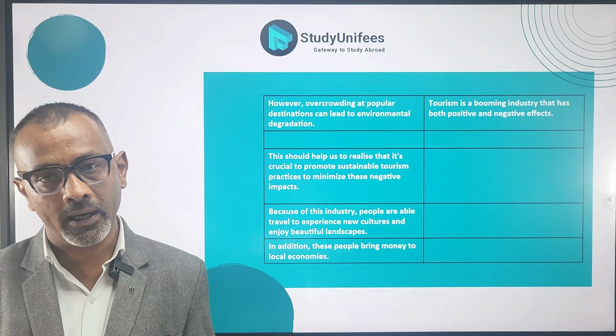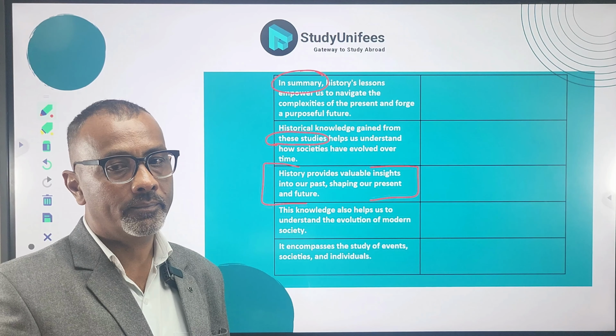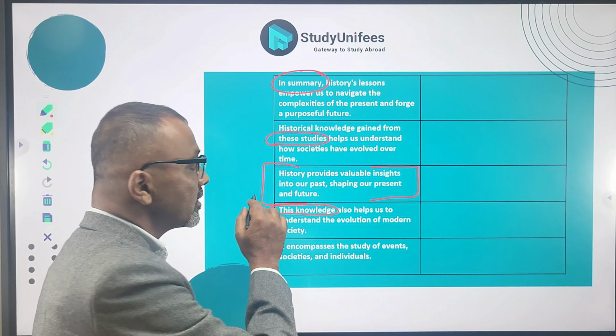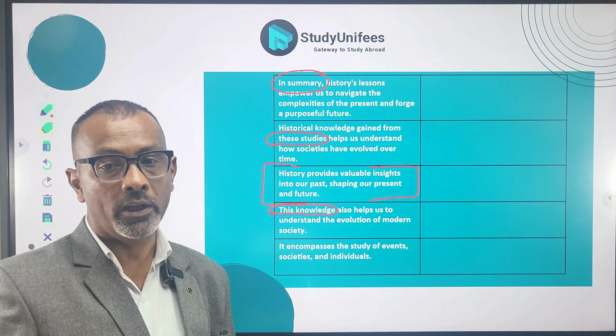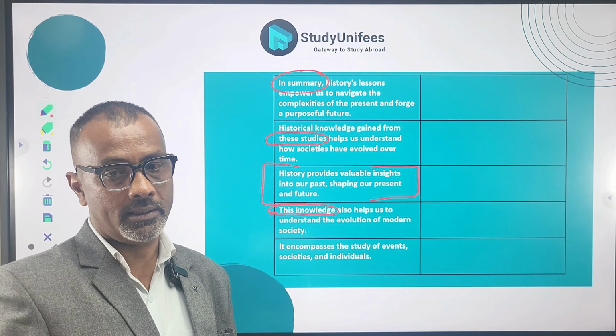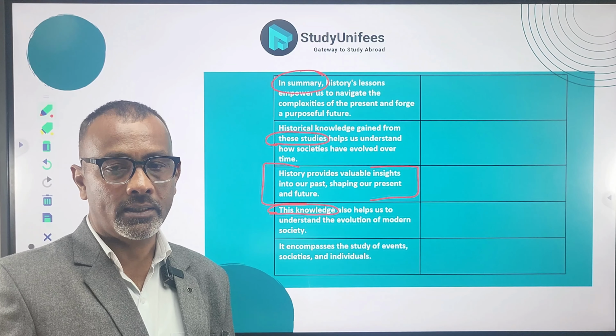The fourth sentence. This knowledge also helps us to understand the evolution of modern society. This too has a pronoun. The previous sentence will tell us something about some kind of knowledge that will help us to understand the evolution of our society. The fifth sentence.